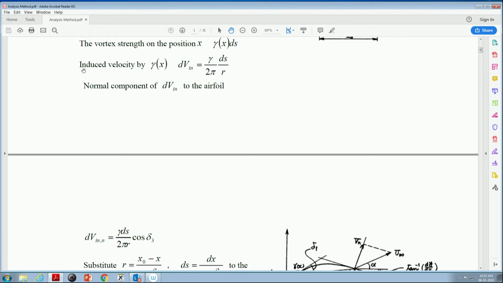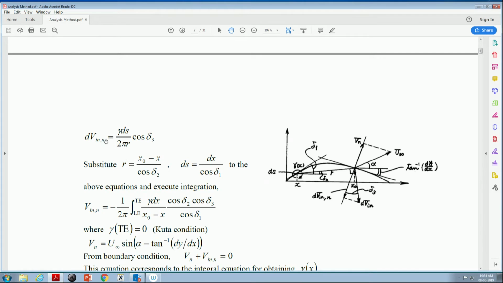It's induced by gamma, the vorticity, so it's expressed as this. It's the Biot-Savart law. And the normal component of dVin is dVin,n. This is shown here, where delta 3 is this angle.